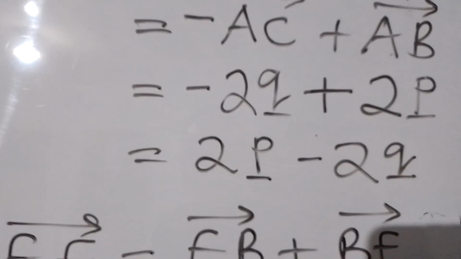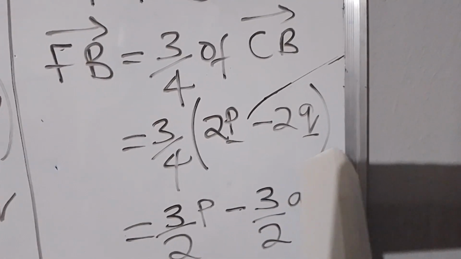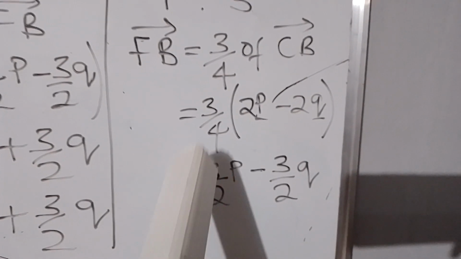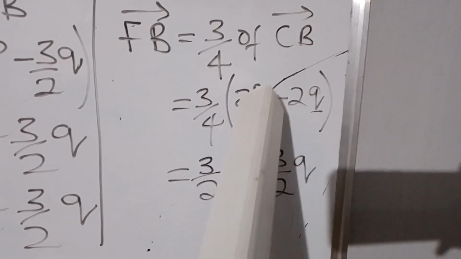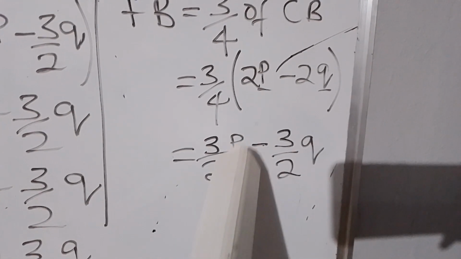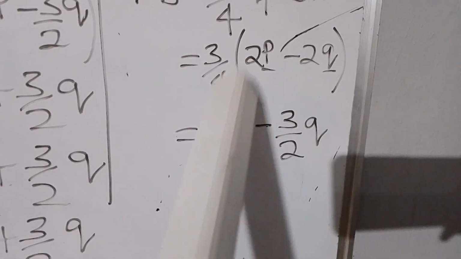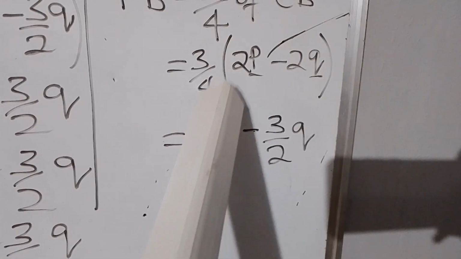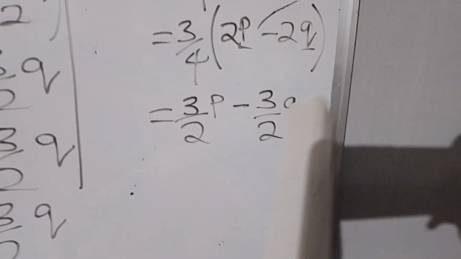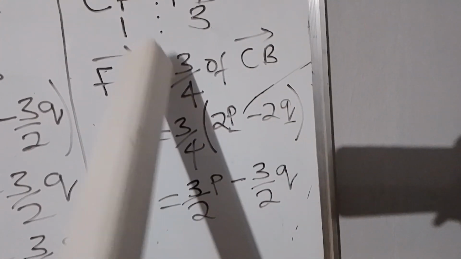We found CB to be 2P minus 2Q. So we substitute 2P minus 2Q, and then multiplying 3 over 4 times 2P, 2 into 2, 1, 2 into 4, that gives us 2, so it remains with 3 over 2P minus, again, these 2 divides 4, we remain with a 2, 3 times Q is 3Q over 2. That gives us our FB.